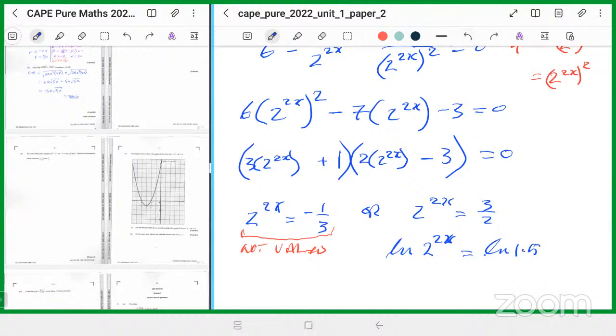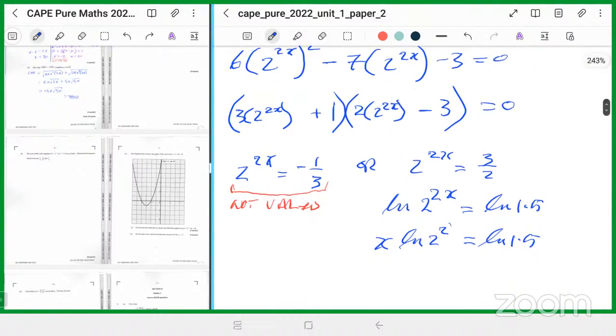All right. Then now, 2x. I can move the whole 2x to the front. If I want, I can just move the x alone to the front and get x ln 2 squared equals ln 1.5. Then this 2 squared is 4, so I get x ln 4 equals ln 1.5.